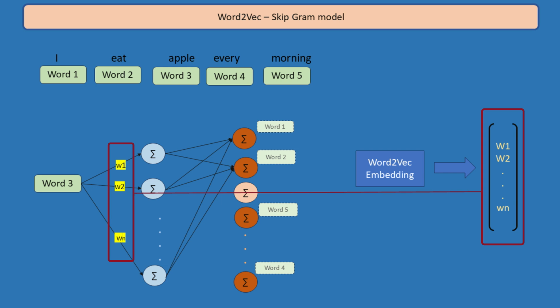This method is not as efficient as the previous one, continuous bag of words, but we still use it in places where the sample set is very small, because in that case it performs better than continuous bag of words.